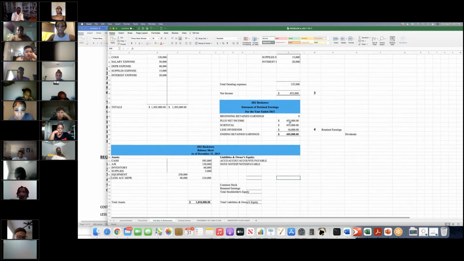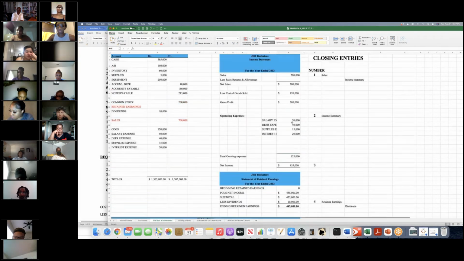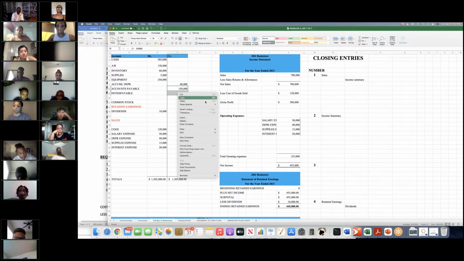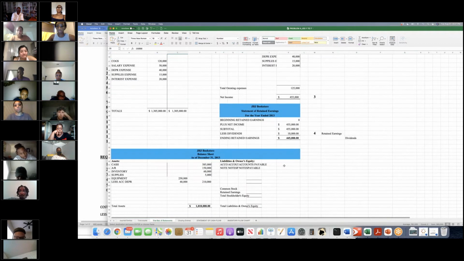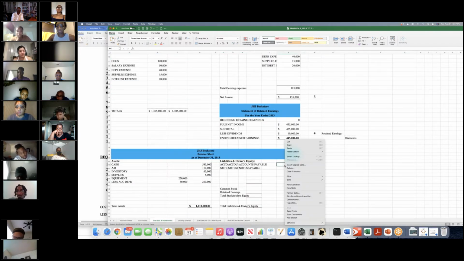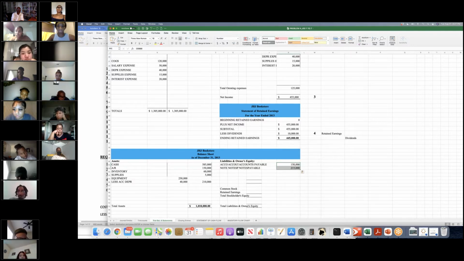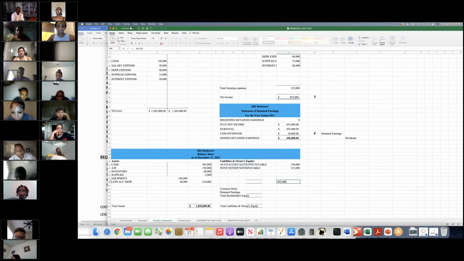Now we need to put these liabilities in. So what are our total liabilities? 365,000. Then our common stock is how much? 200,000.